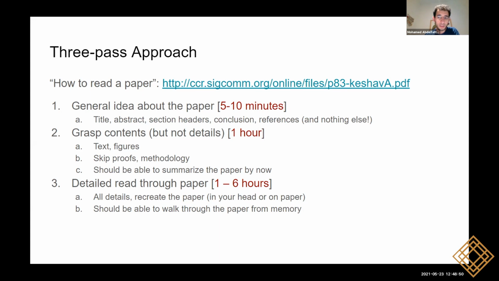That's your job, so that's just an hour. But if you really want to do that detailed walkthrough, then we're talking about 1 to 6 hours. Like I said, when I was a new PhD student, it took maybe 12 or 24 hours for the first few papers I read.